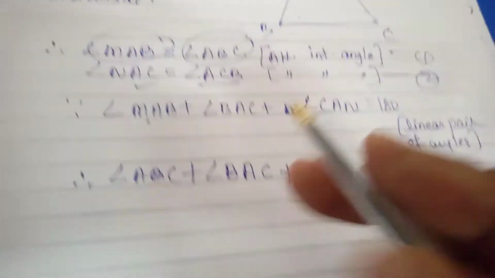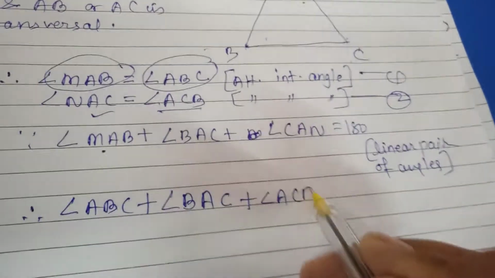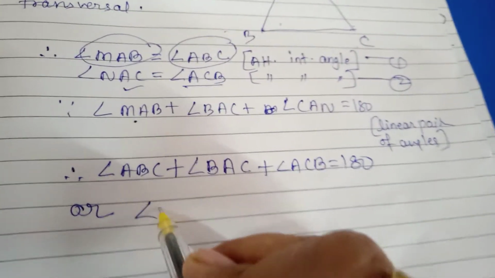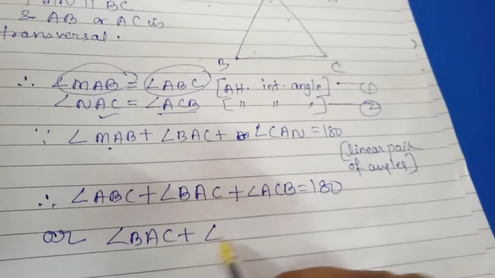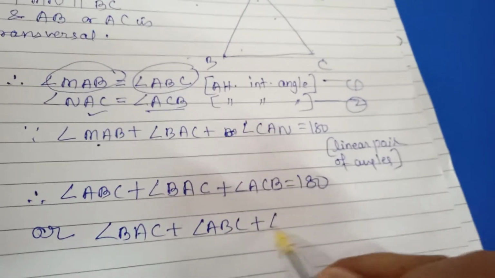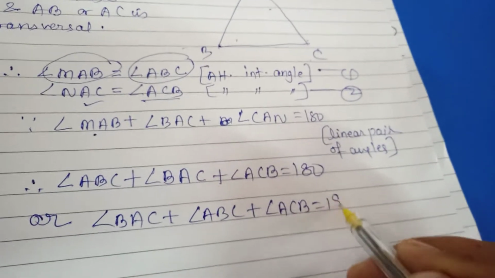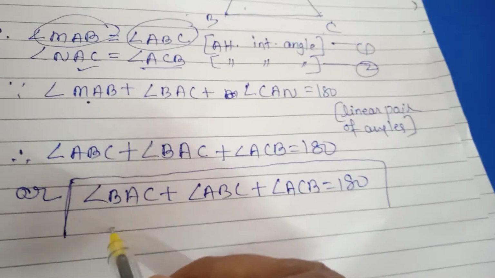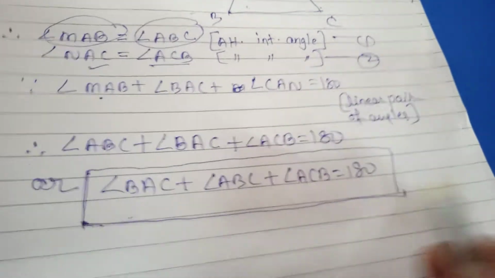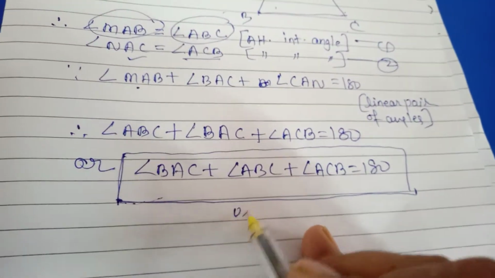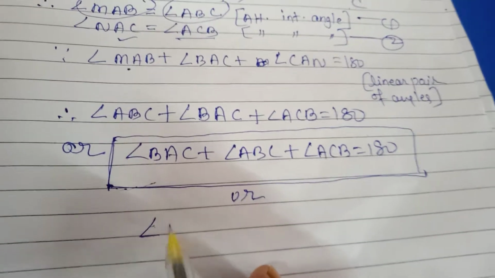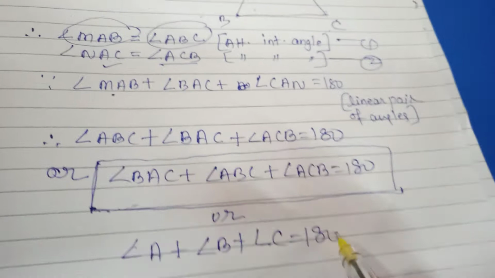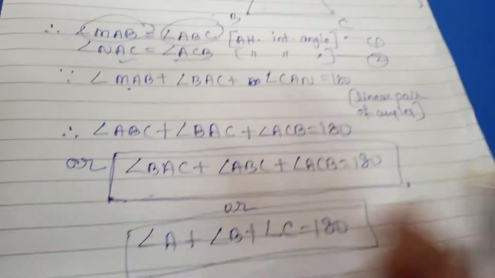CAN is equal to ACB, so I will write here angle ACB, that is equal to 180, or in sequence it can be written as BAC plus ABC plus ACB is equal to 180. That is what our requirement is, that is the sum of all the angles of a triangle is always 180 degrees. It can be also written like this. In one letter you can write angle A plus angle B plus angle C, that is equal to 180. Sure. So this is our theorem.